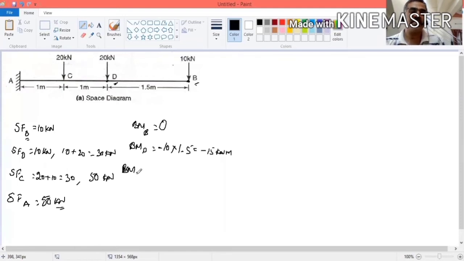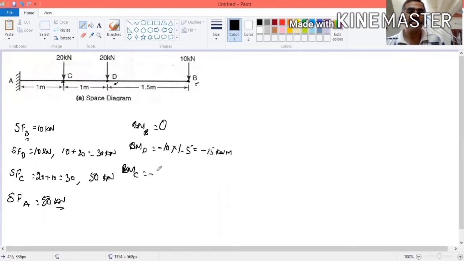Similarly, bending moment at point C. Here there are 3 loads. If you take bending moment about this point, the bending moment due to 20 kilonewton will be 0 because distance will be 0. So only 2 loads. One is 10. What is the distance between the point C and the load 10? It is 1.5 plus 1, 2.5.